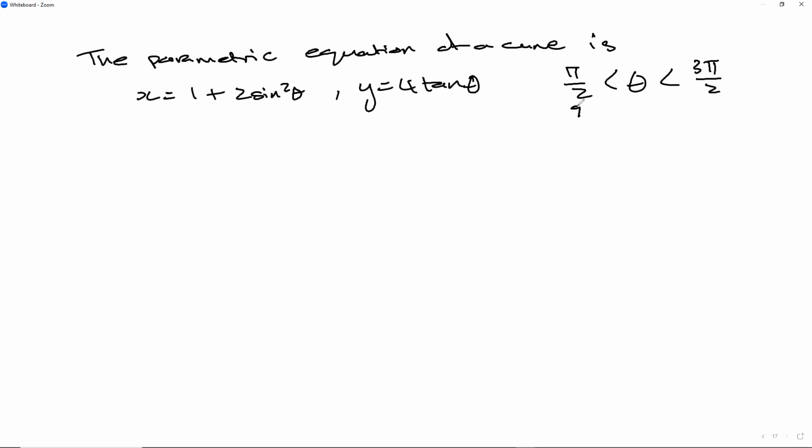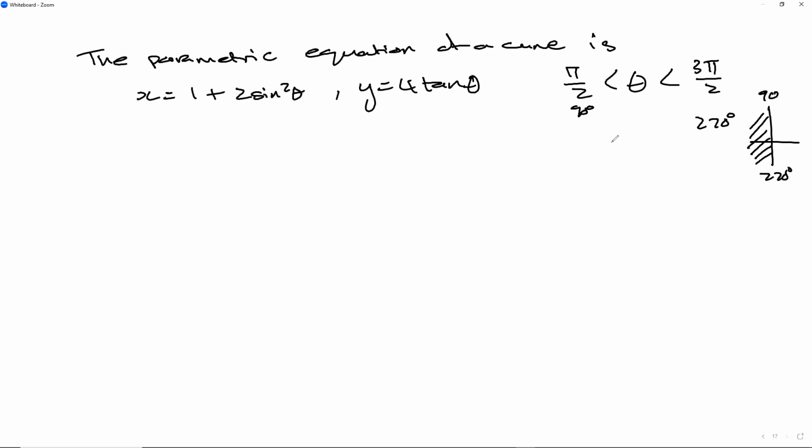So that's 90 degrees, and 3 times 180 is 540 divided by 2 is 270 degrees. So we know that theta would lie in any of these quadrants over here. So it's basically from 90 to 270.